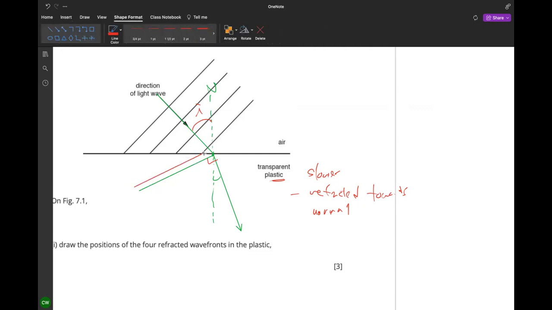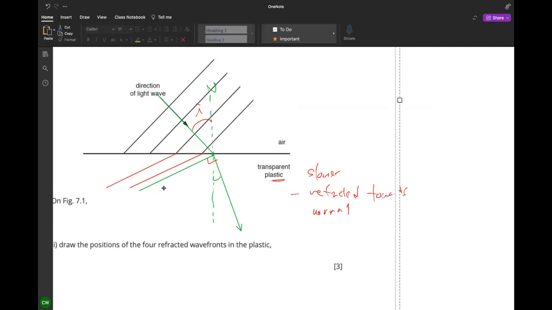Okay. And then you draw another one, parallel to the ray again. Okay. And then you draw this again.